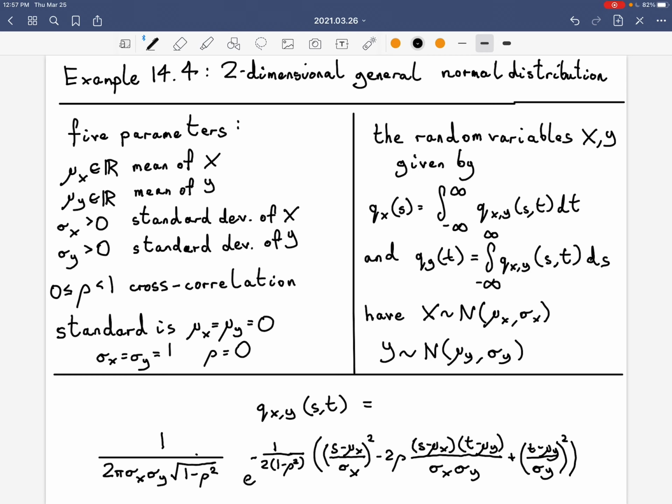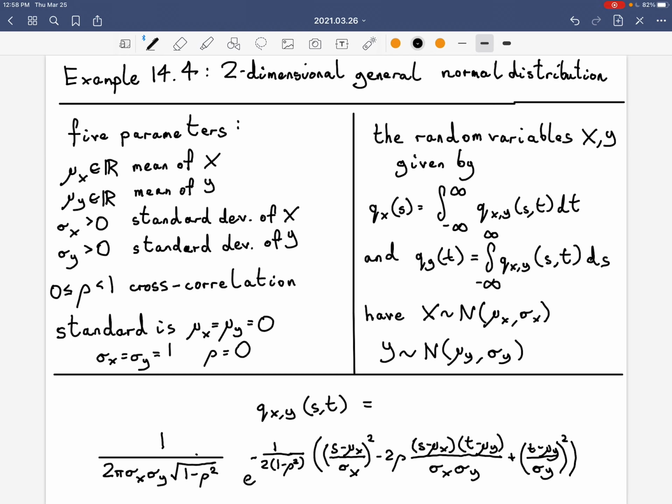Okay. So the last example we're going to discuss is the two-dimensional general normal distribution. The two-dimensional general normal distribution has 5 parameters, which are telling us lots of details about our pair of random numbers. So we have the mean of x, which we write mu x, and that's the bias of the coin in the left theater.